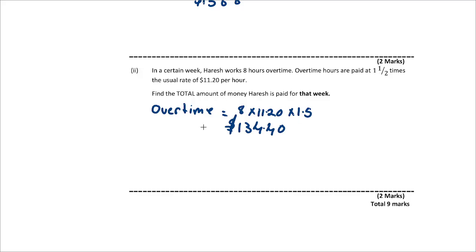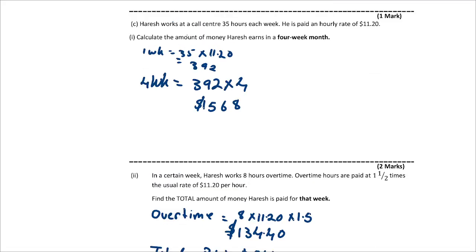Now we want to find the pay, so we know from above that his total would be his basic wage for 1 week plus his overtime wage. We know from above that his basic wage was $392.